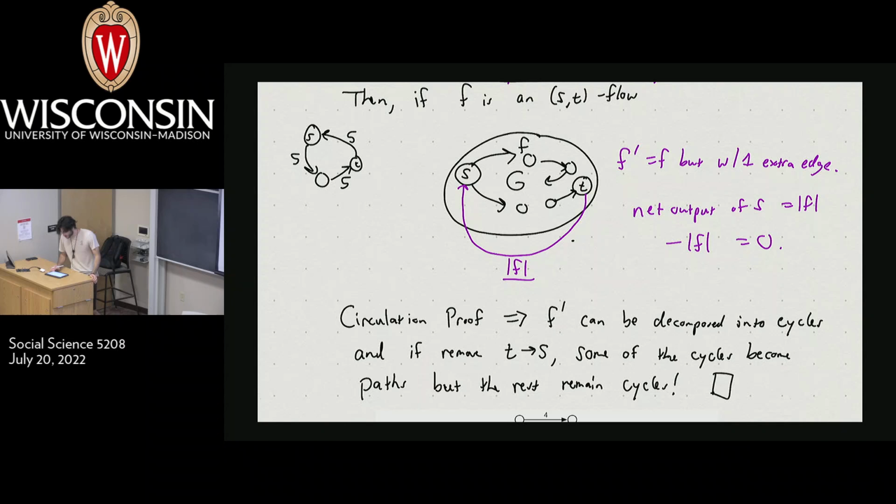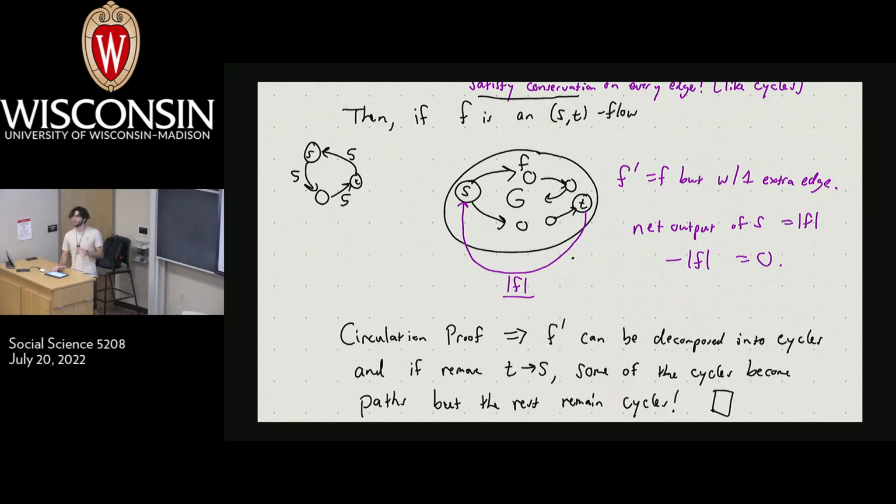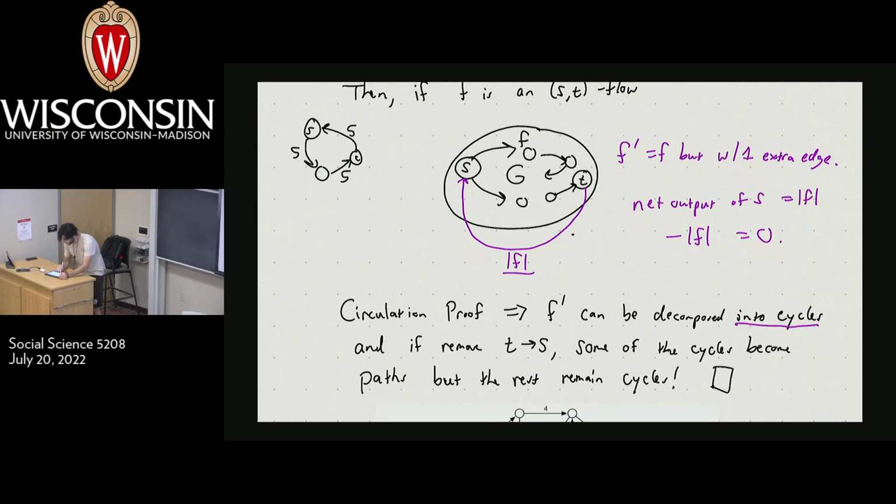Now we use the circulation proof to decompose f prime into cycles. And the key thing is, for a circulation, you only need cycles. You never need any paths. So we decompose f prime into just cycles. And then when we remove this edge T to S from the graph, this will break some of the cycles.